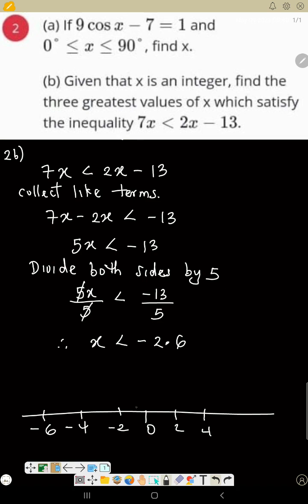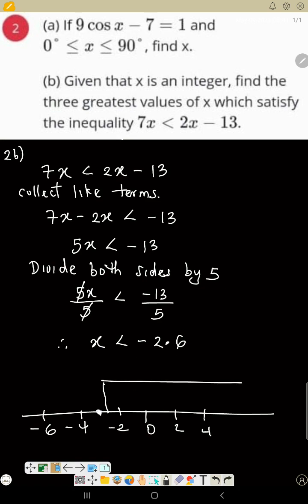But what we need is the negative side. So now look at this -2.6. -3 should be in between. Between -2 and -4, this should be -3, but this is not up to -3, so it should come before -3.